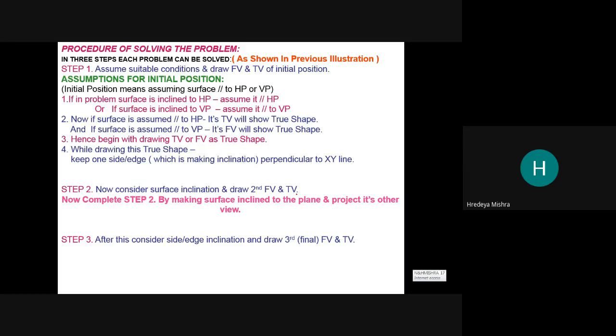In the third step, we show the edge inclination from the reference plane. So we get the third top view and front view. Now, A, B and C, there are three main steps. Is there any confusion in these steps? Students, you may ask the question.